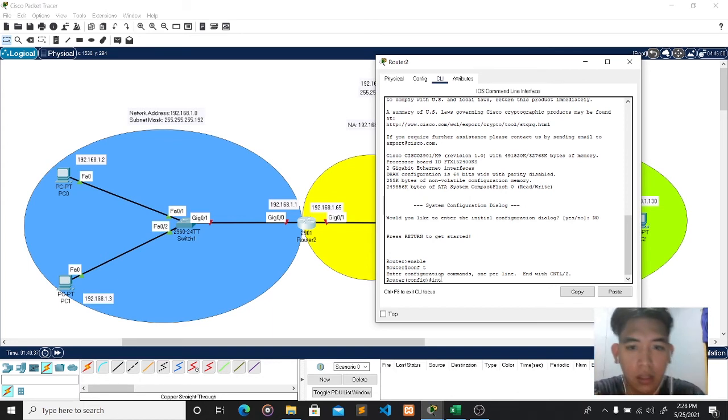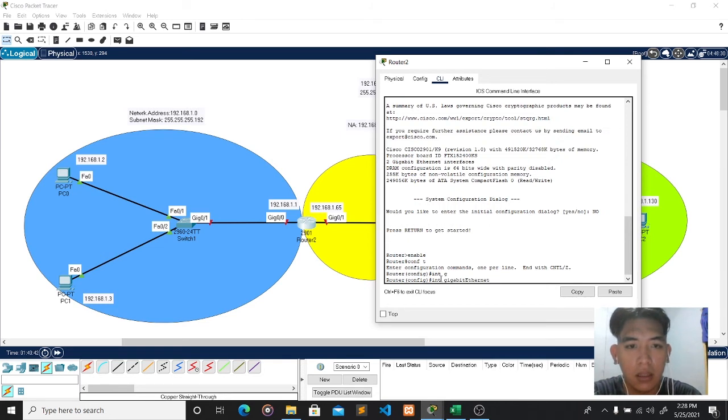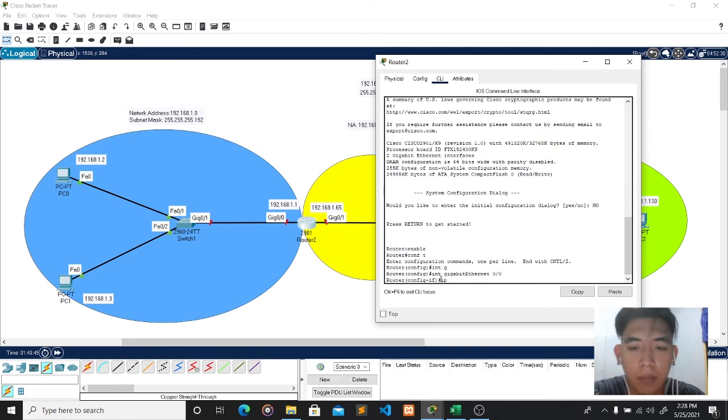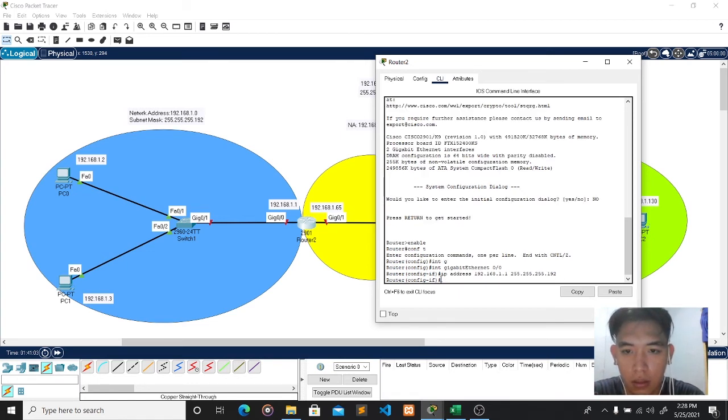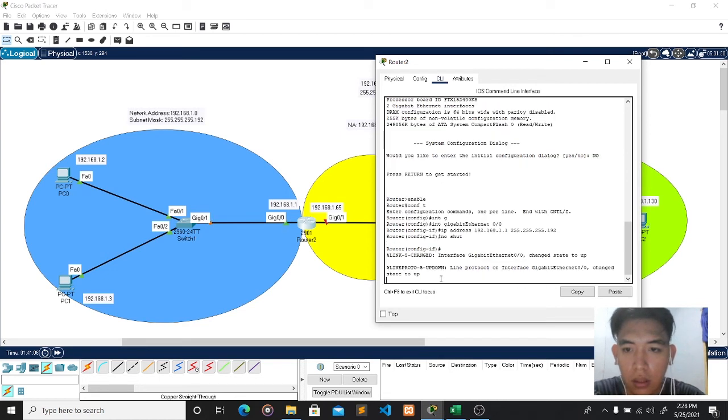So int gigabit ethernet 0/0, then IP address 192.168.1.1, then 255.255.255.192, then no shut. So change state to up na, then exit.